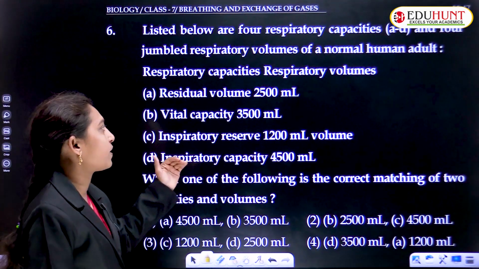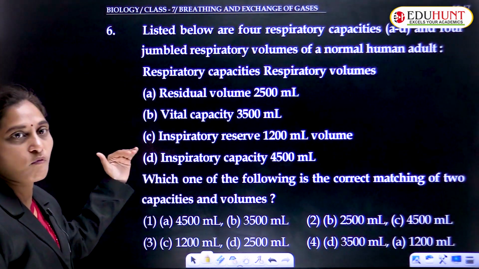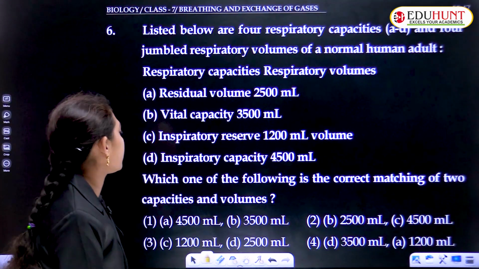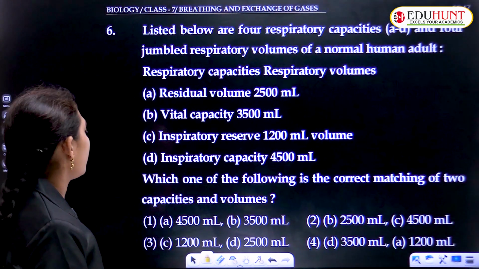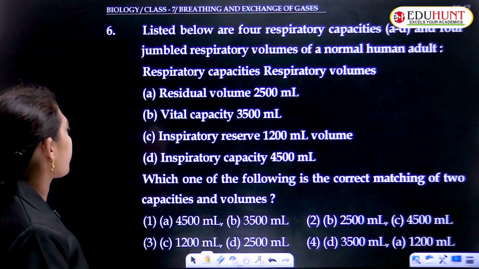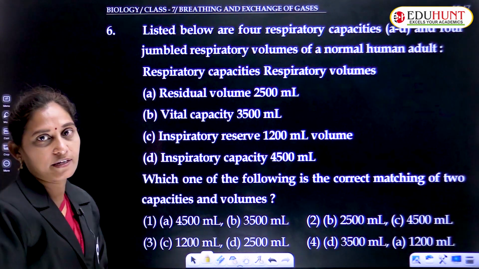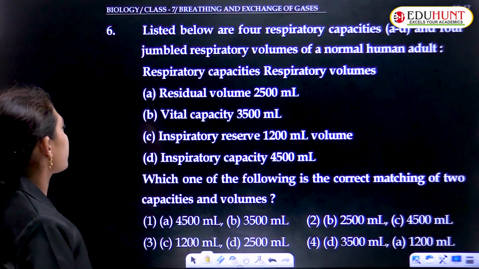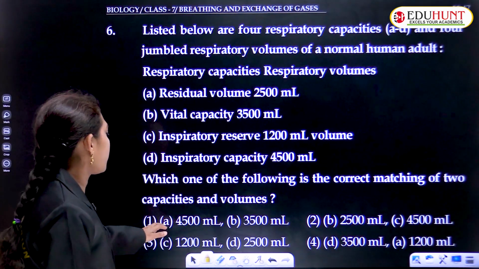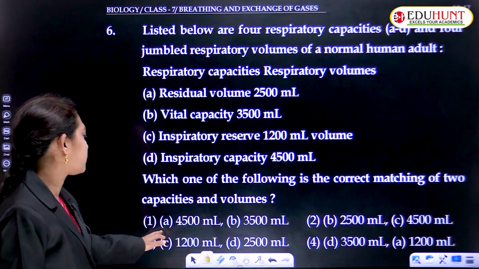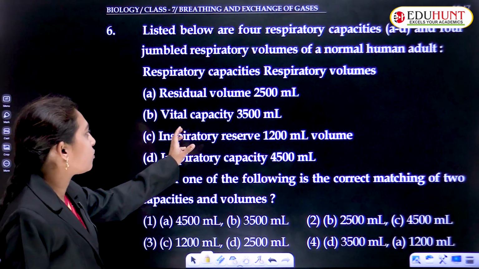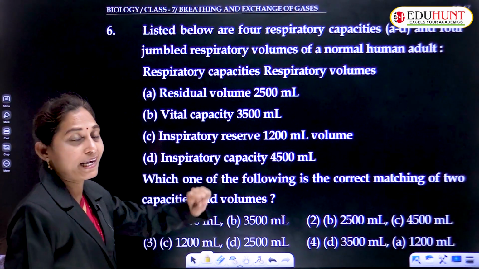These are the 4 different capacities and volumes given. Tidal volume is 500 ml, and we have to match the volume with the value.